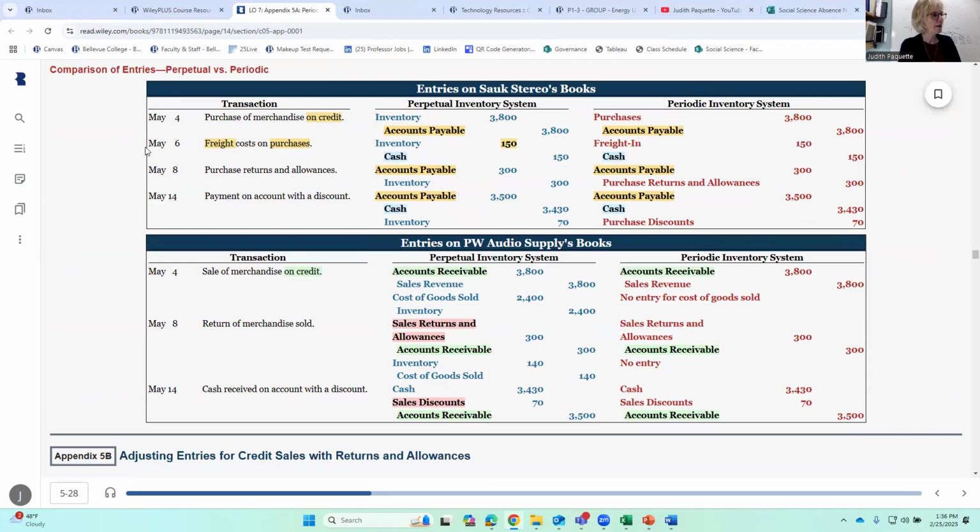So we have 7 different transactions in Chapter 5. And they all deal with inventory, either purchasing inventory or selling inventory. These first 4 transactions are about purchasing inventory. The last 3 have to do with selling inventory.